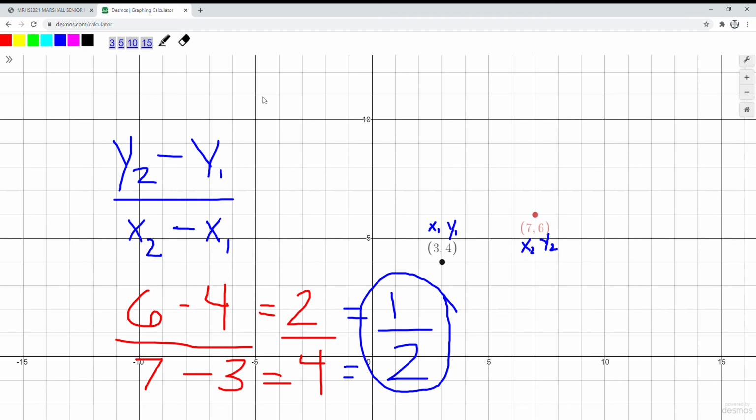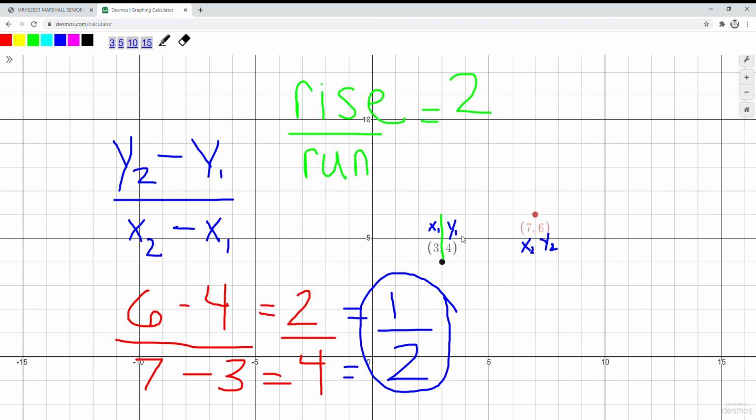And what I can do is trace a way to get from one point to the other, utilizing what we know about slope, which is rise over run. So if I start from my first point, and then I ask myself, how much do I have to rise? How much do I have to go up to get to this point? Well, it looks to me like I have to go up 1, 2 units. So that's my rise.